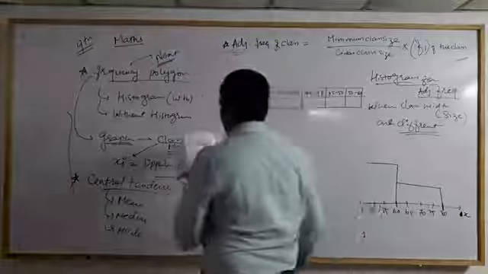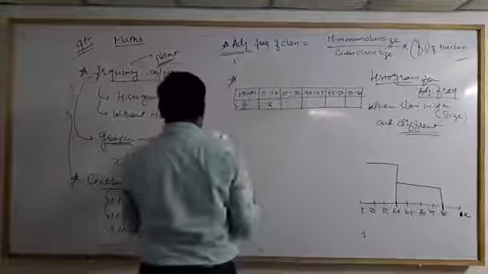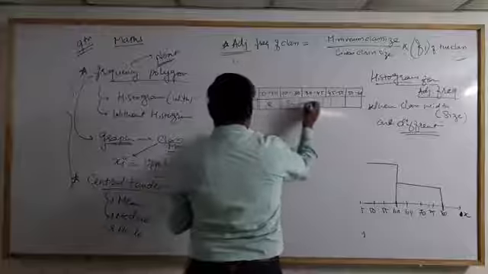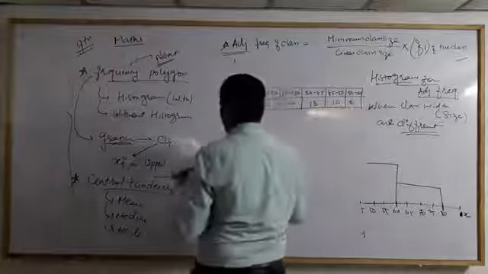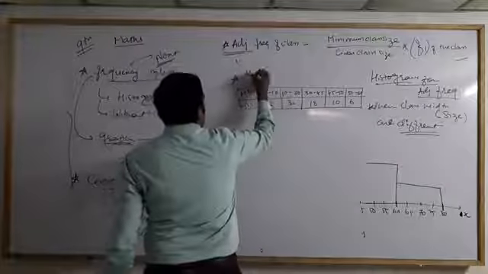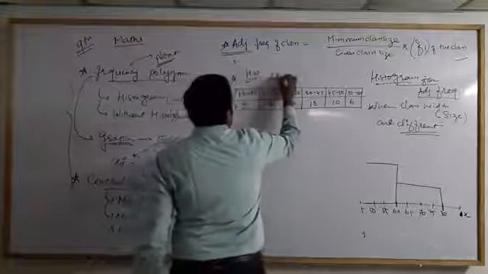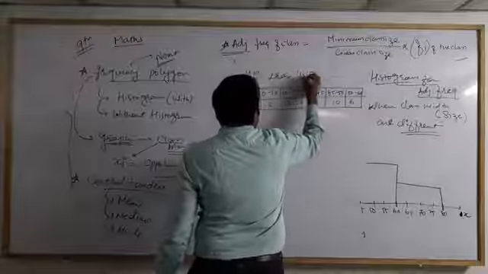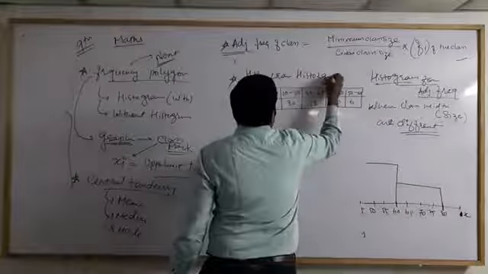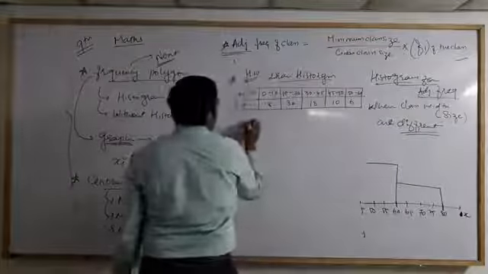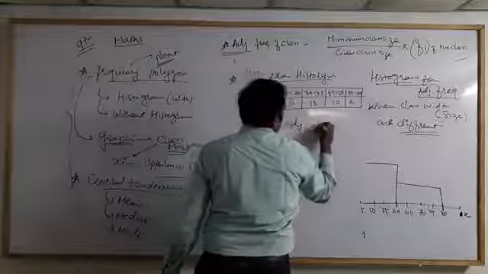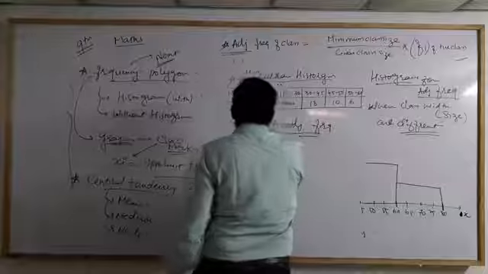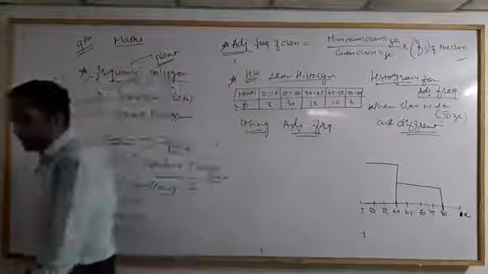Now your frequencies are 8, 32, 18, 10 and 6. This is your homework: to draw the histogram using adjustable frequency. Okay students, clear?